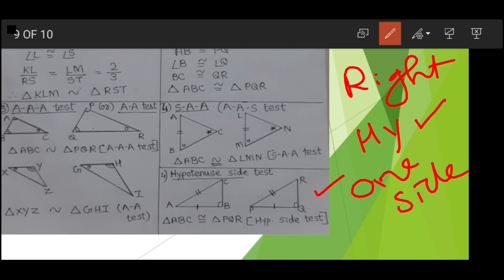You can see here I have given the symbol, the hypotenuse is congruent, and you can include either AB congruent to PQ or BC congruent to RQ. Any one piece of information has to be given. Then we can say that both the triangles are congruent by hypotenuse side test.